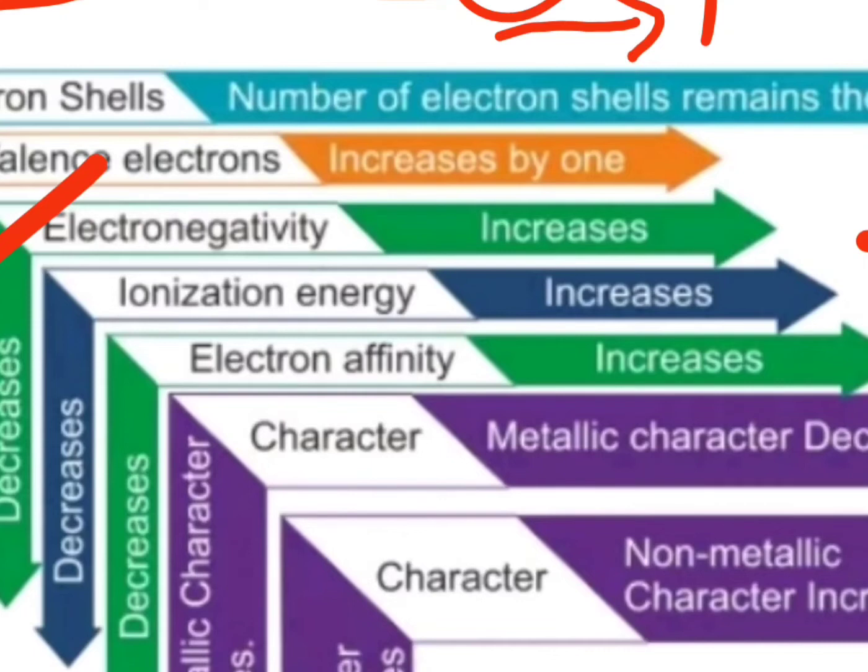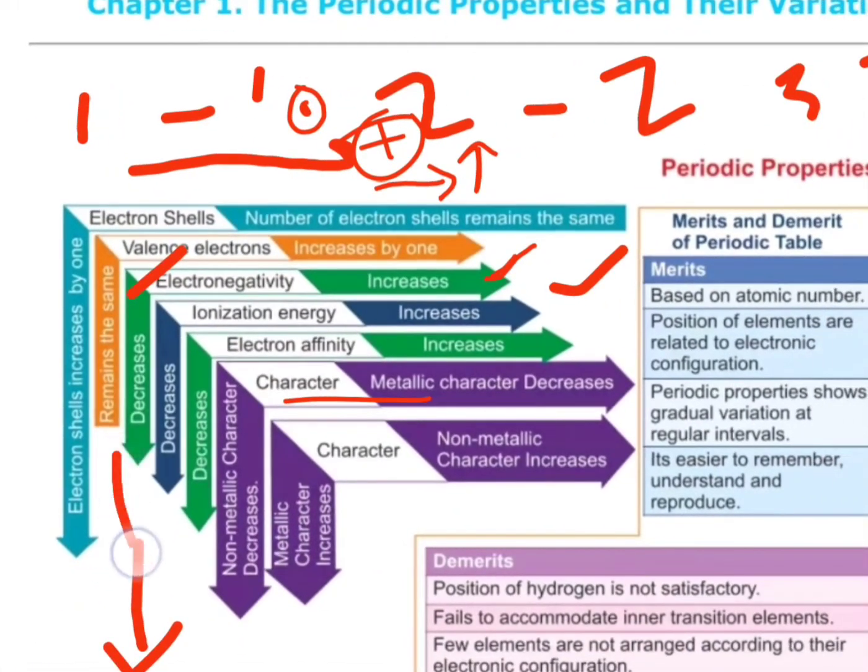With increasing nuclear charge and decreasing size of atom, electronegativity increases in any period from left to right. While in groups, it decreases, because the size of the atom increases.